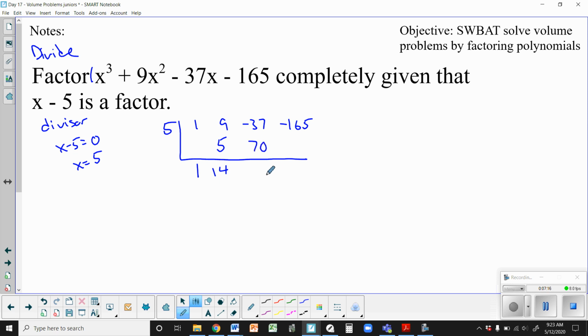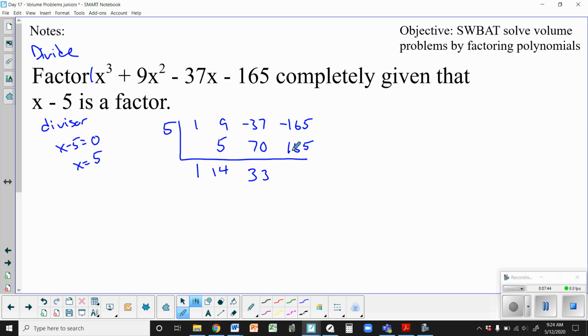All right, and then negative 37 minus 70 would be 33 positive. And then 5 times 33, I don't even know what that is. So let's do 5 times 3, that'd be 15, plus 5 times 30, which would be 150. So 150 plus 15, 165.